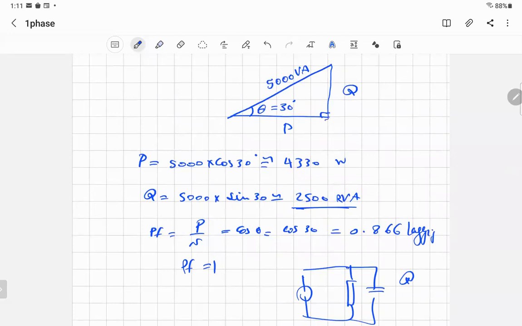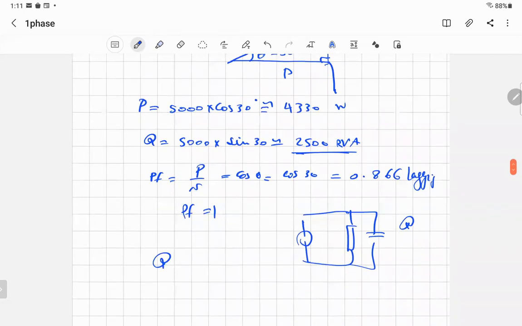Because if I have 2500 on the negative, it will cancel the Q and P equals S, and I have unity power factor. So I will say that the Q produced by the C should be 2500 var.